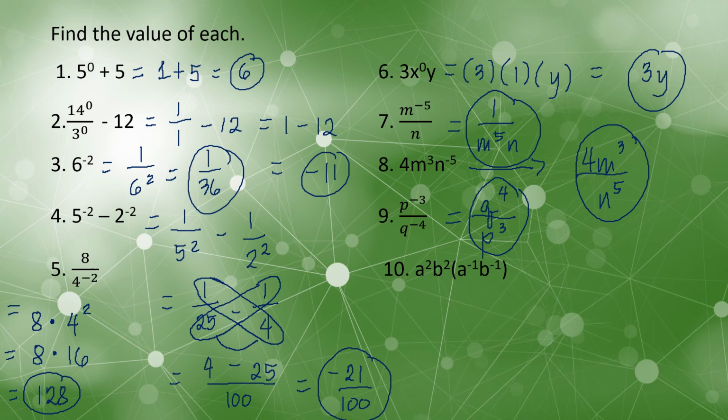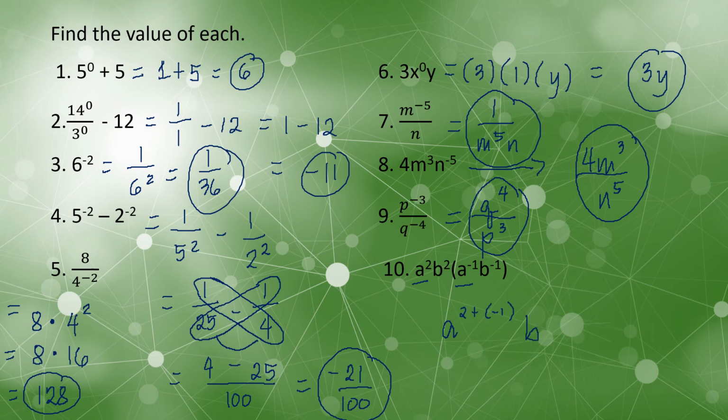For number 10, we have a squared b squared times a raised to negative 1, b raised to negative 1. First, we multiply a squared and a raised to negative 1. We add the exponents, so a raised to 2 plus negative 1.